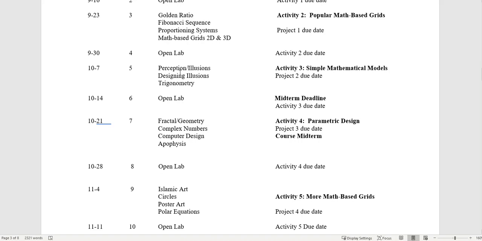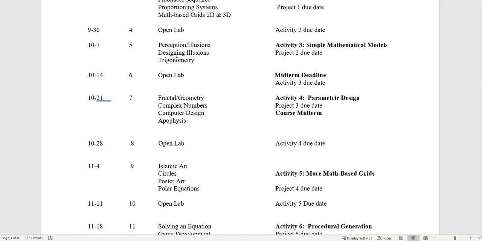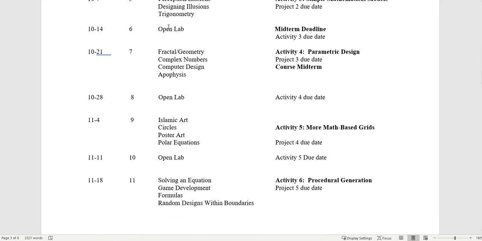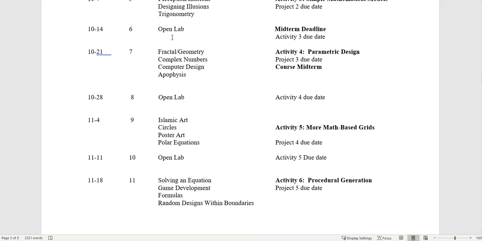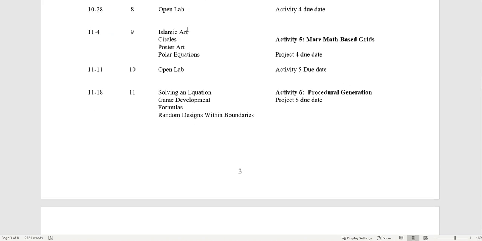Perceptions, a very important concept in visuals, extremely important, and how to develop simple mathematical models. We'll talk a little bit about trigonometry with that. And again, the open lab following. And we have parametric design. Again, a very important concept. We use fractals, complex numbers, and so on.